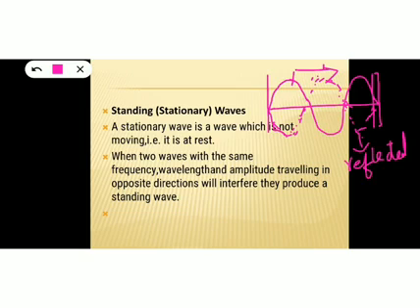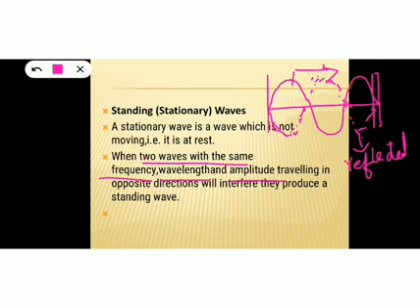Okay, children. This type of wave pattern is known as a standing wave or stationary wave. Such waves can be observed when two waves with the same frequency, same wavelength and same amplitude traveling in opposite directions superimpose.